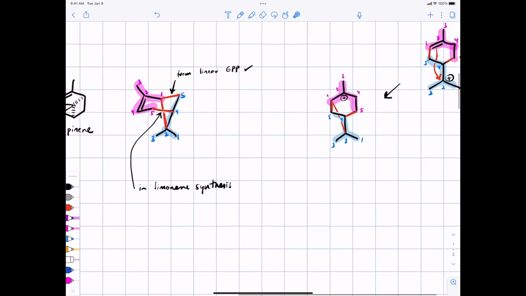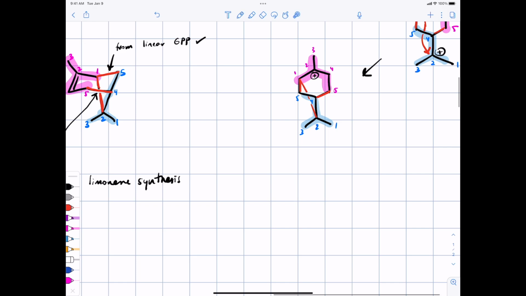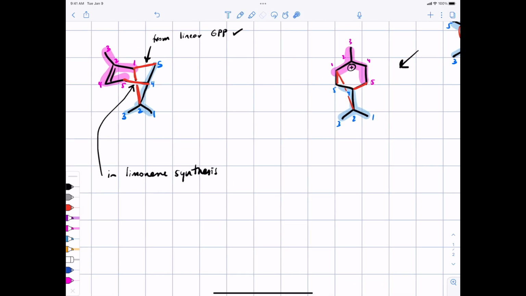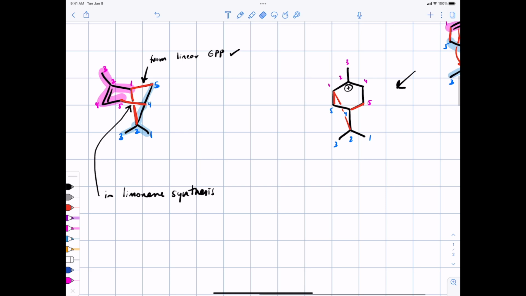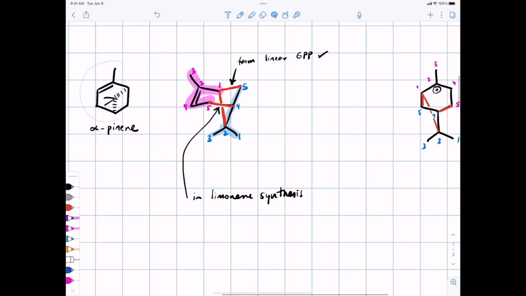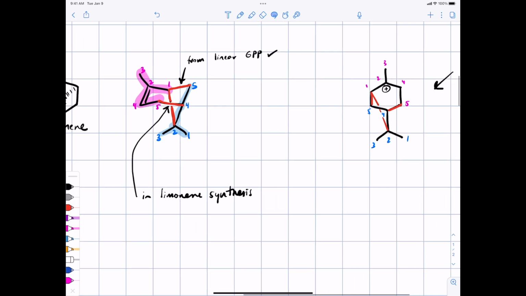And at this stage, if we want, we can try to draw things out in a slightly more reasonable shape. I'm going to remove the colorful highlighting between isoprene subunits. And I'm going to bring the drawing of alpha pinene from this perspective over here.